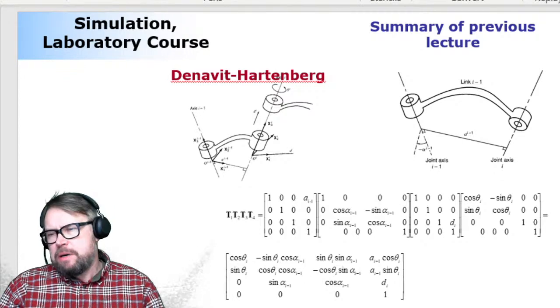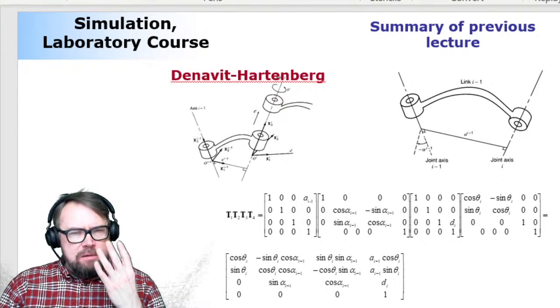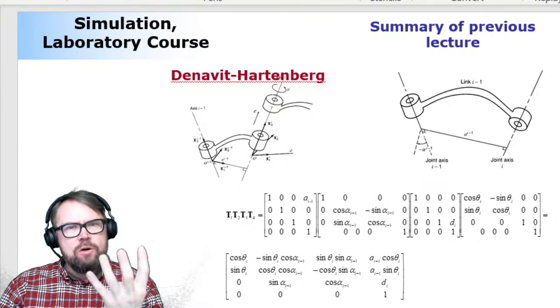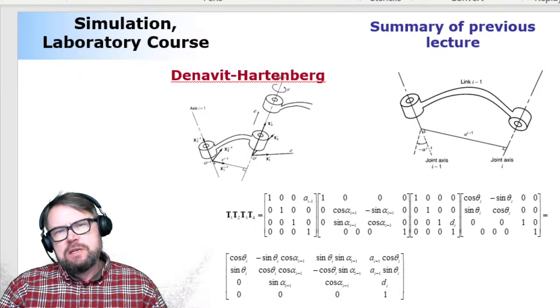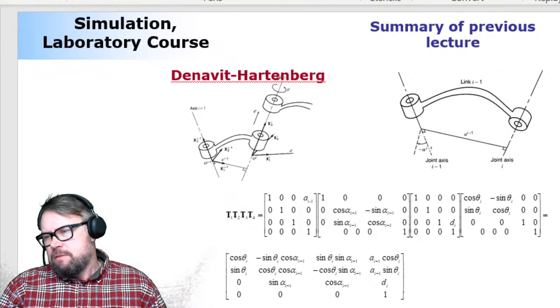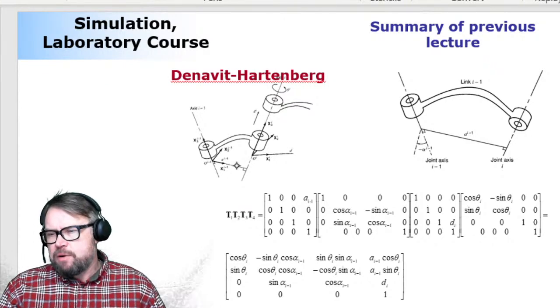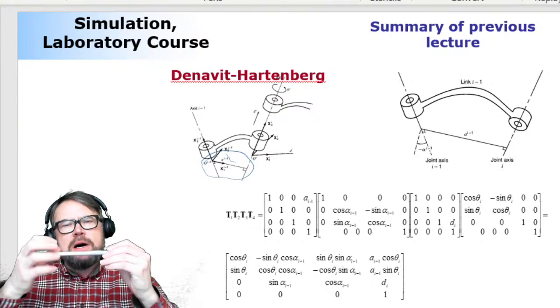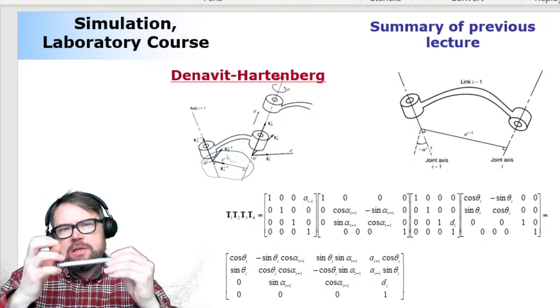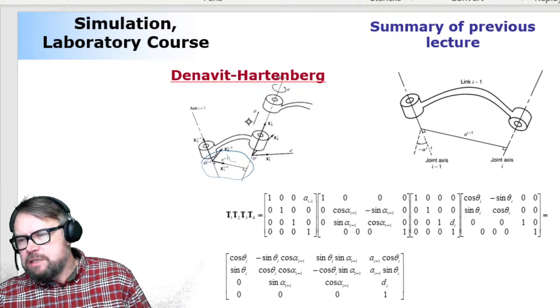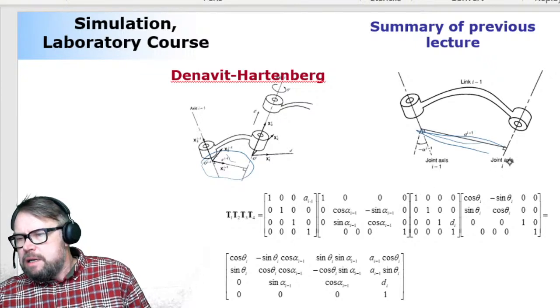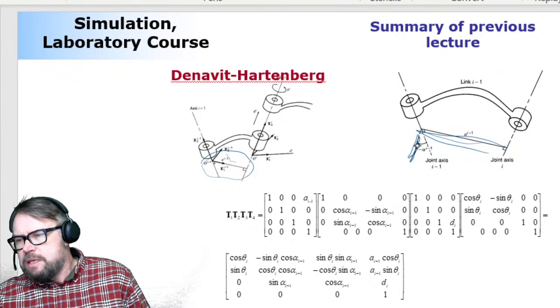Now, the Denavit-Hartenberg is based on 4 parameters, so 4 different ways that the bodies can translate with respect to each other. The first parameter is this alpha parameter, which describes how joints are possibly twisted with respect to each other.